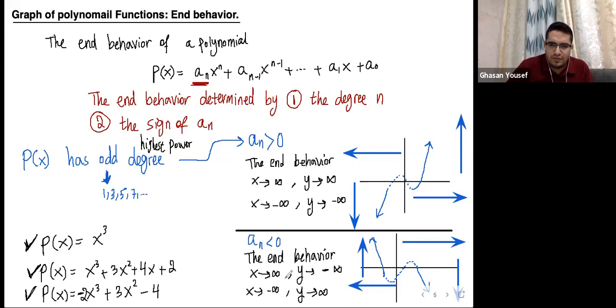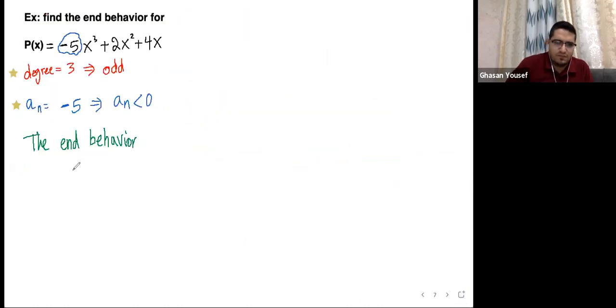When x goes to infinity, y goes to minus infinity, and when x goes to minus infinity, y goes to positive infinity. So this is the solution.